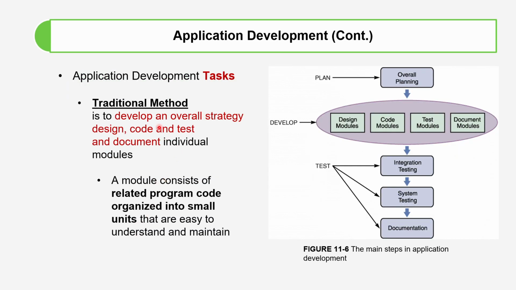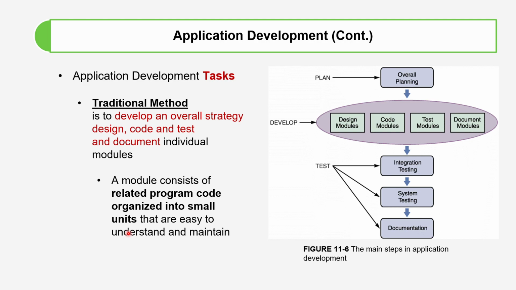For the application development task, actually building a new system requires careful planning. After an overall strategy is established, individual modules must be designed, coded, tested, and documented. A module consists of related program code organized into small units that are easy to understand and maintain.